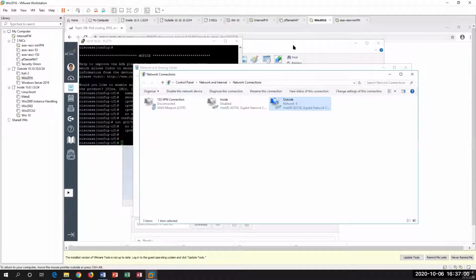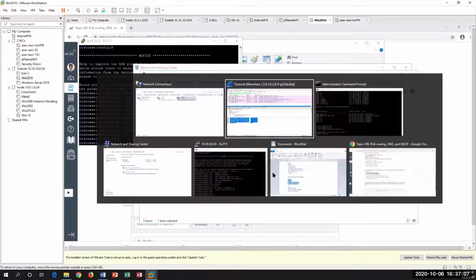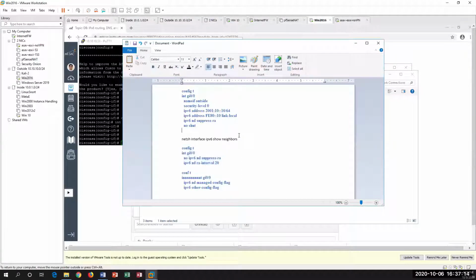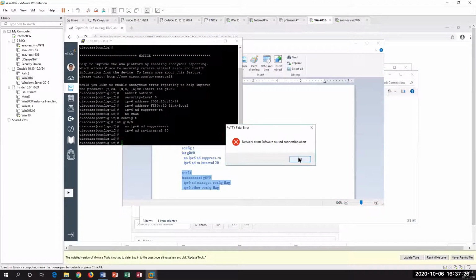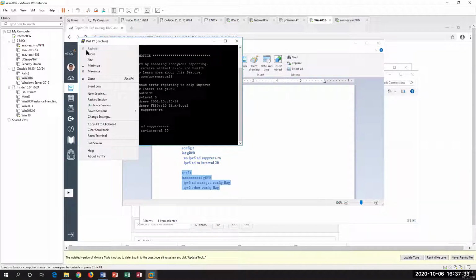Okay, so what we will do then is make the managed flag and O flag become one. Okay, copy, and then we come here. PuTTY is gone, so we can actually restart PuTTY.